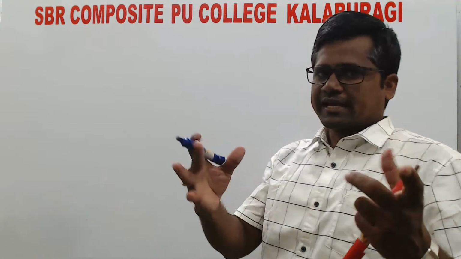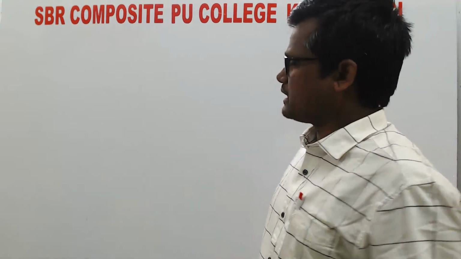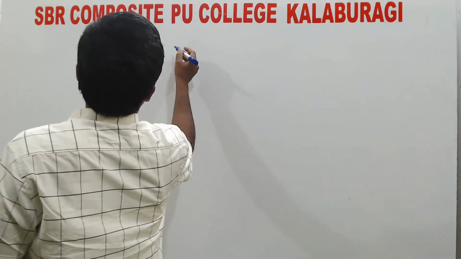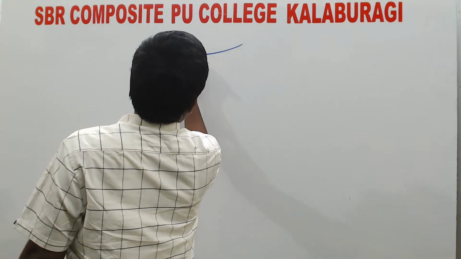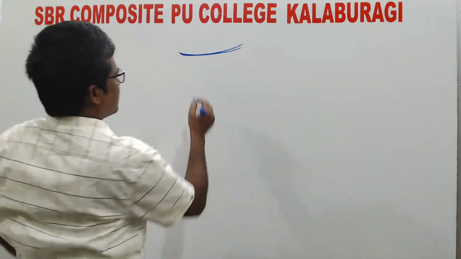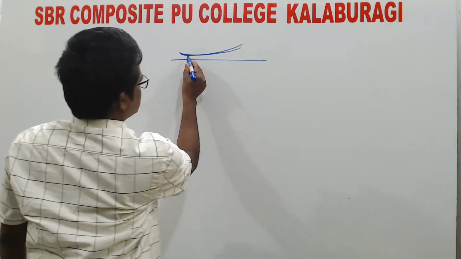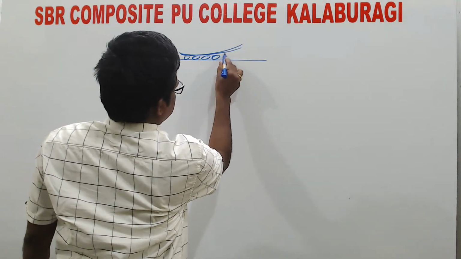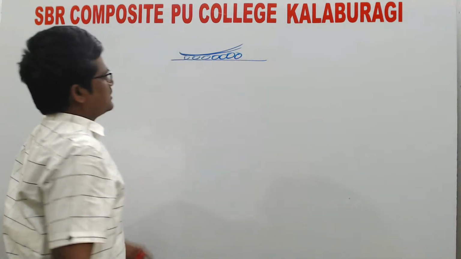So one application of this is during skating. Suppose this is the skate, and below this is the ground, where ice is there.